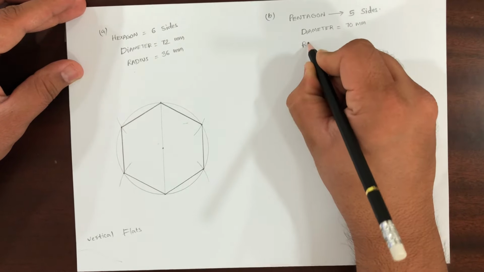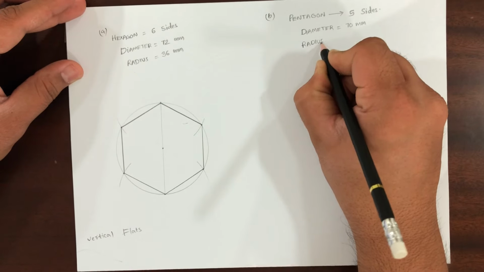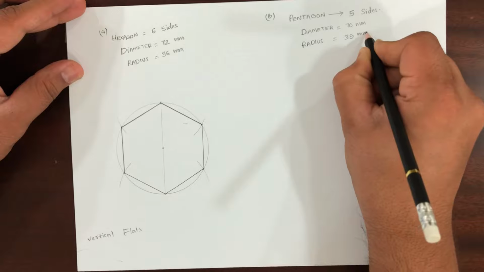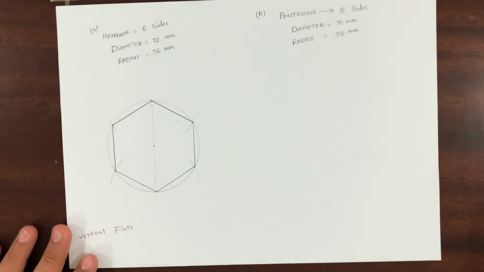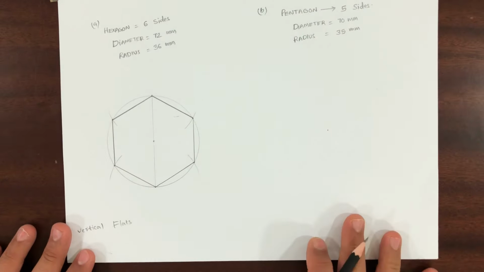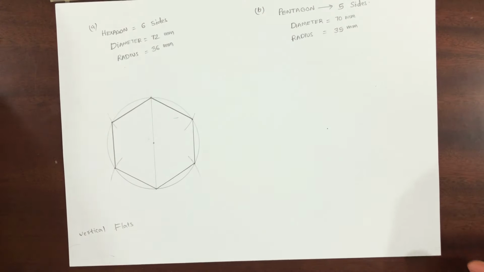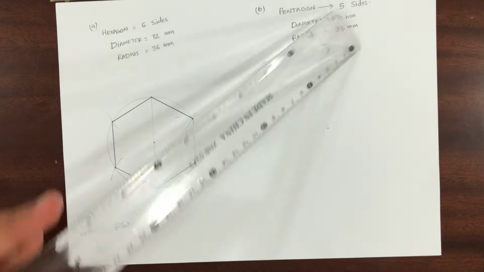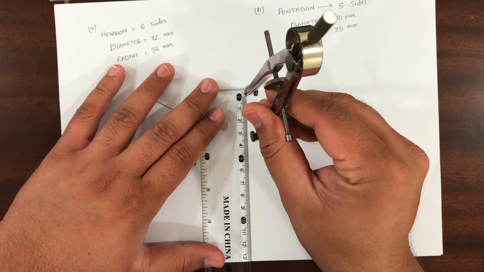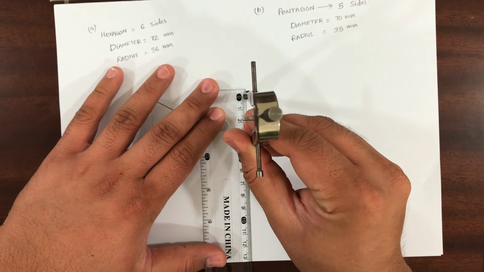So the radius will be how much? 35 millimeters. So again, what you will do? Make a dot and take 35 as the radius.